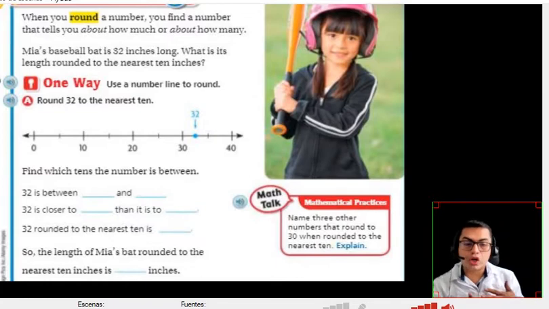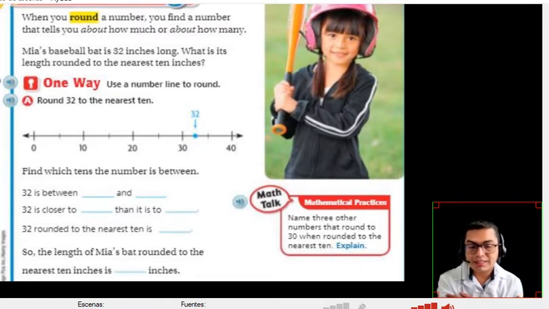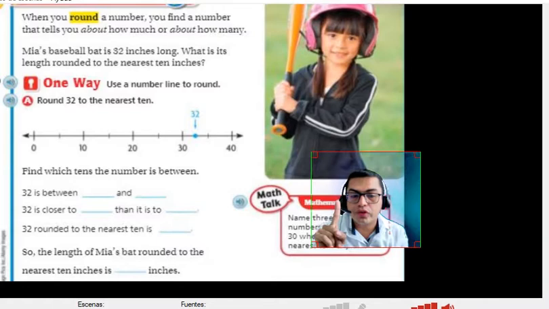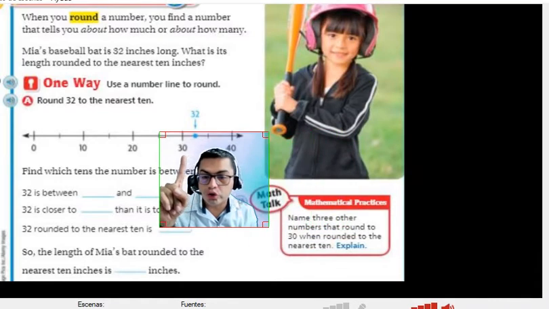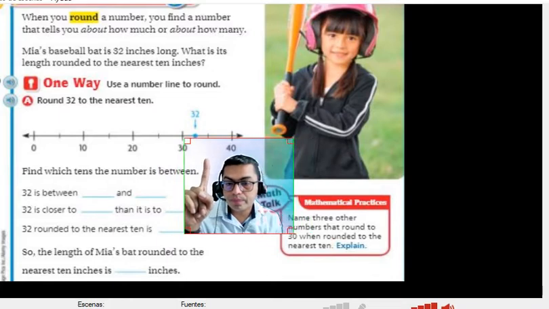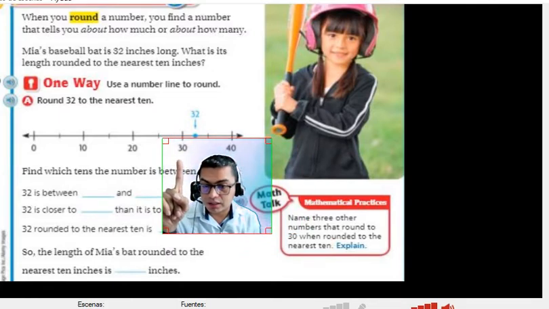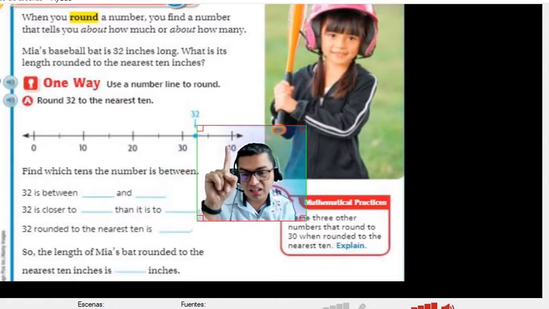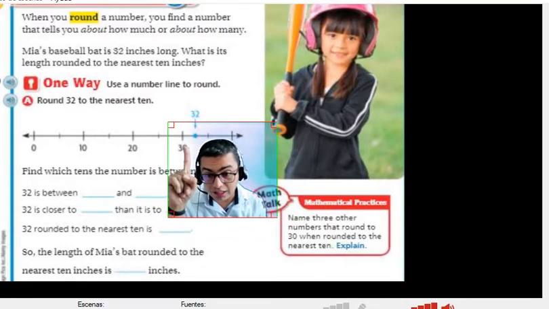Second part, closer. We say closer. Close es cerca, but closer with ER significa más cerca. 32 is closer to, está más cerca a, what do you think? To 40 or to 30? To 30, right. 30 is closer, está más cerca. Está cerca al 40, pero no tanto como al 30.